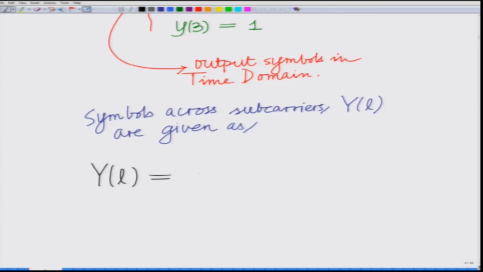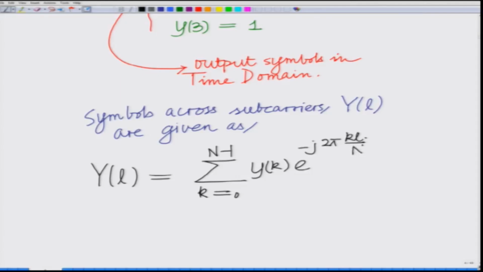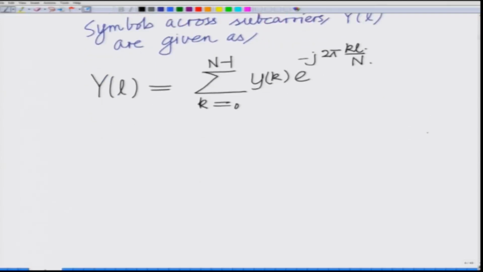YL equals, this is simply the FFT, summation k equals 0 to n minus 1 of yk e power minus j 2 pi k L by n, and this is the expression for a general FFT of length n.